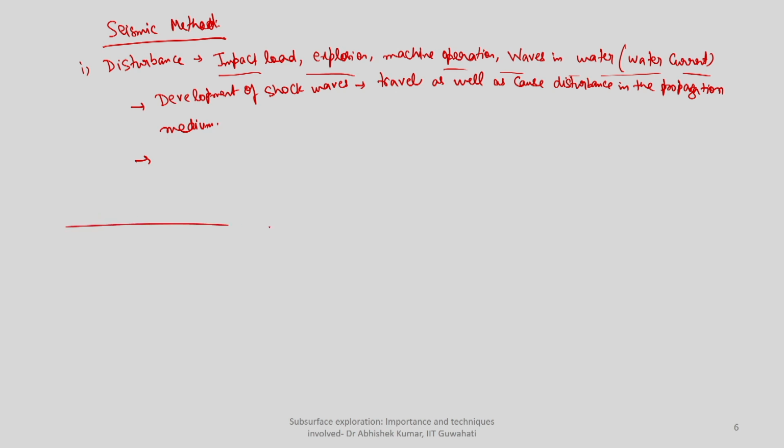Like if I am showing here, this is your source, which can be anything like an explosion, an impact load, a machine operation, or even the passage of traffic, like traffic movement.